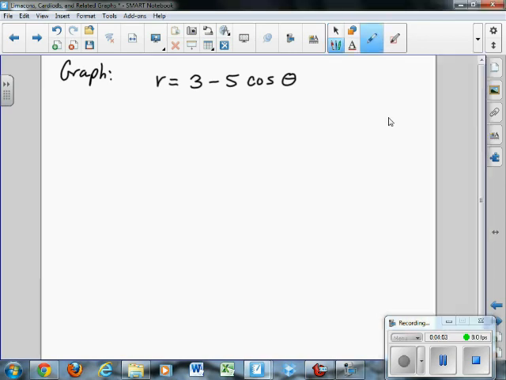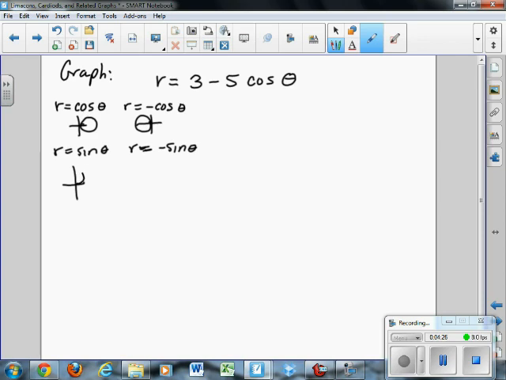So recall our circles. r equals cosine theta, r equals negative cosine theta, r equals sine theta, r equals negative sine theta. Where did those circles end up? Cosine theta was over here. Negative cosine theta was over here. Sine theta was up and negative sine theta was down.